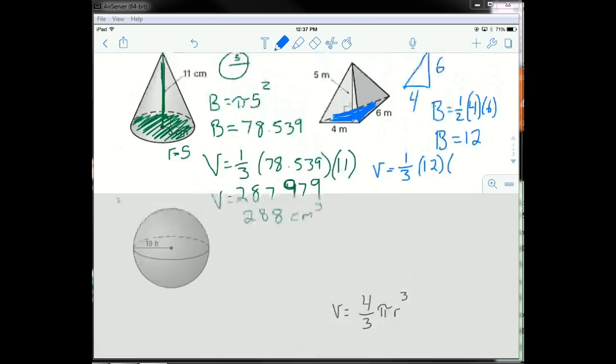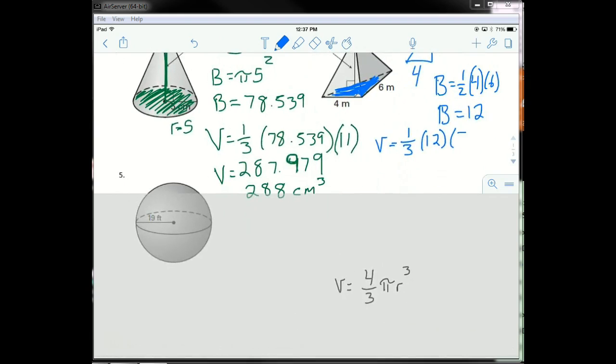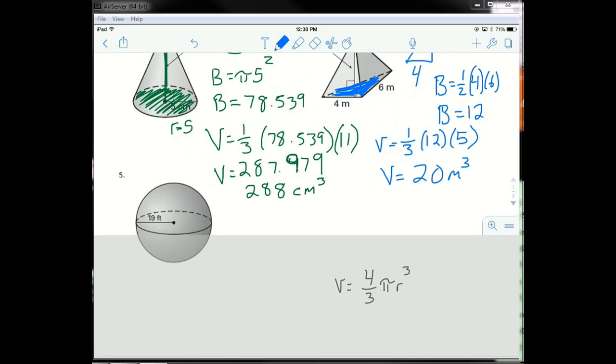Height is 5. And that's 20 cubic centimeters for the volume of this triangular pyramid.